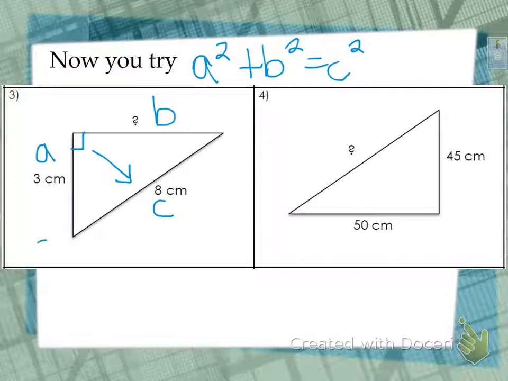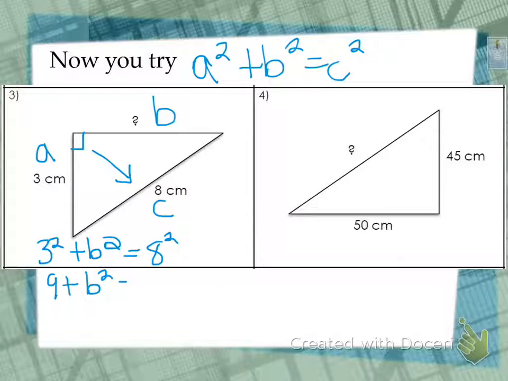As I follow my formula, I have 3 squared plus B squared equals 8 squared. 3 squared is 9, plus my B squared equals 64. Now in this one, I'm going to have to subtract 9 instead of add.